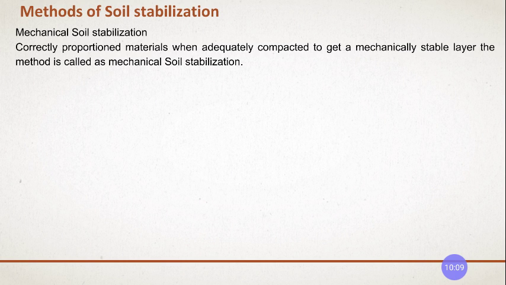We are just taking this soil and compacting it adequately and efficiently so that the layer becomes stable. Nothing else. In the mechanical stabilization process, we just compact the layer effectively such that it is stable. Such a method is called mechanical soil stabilization.